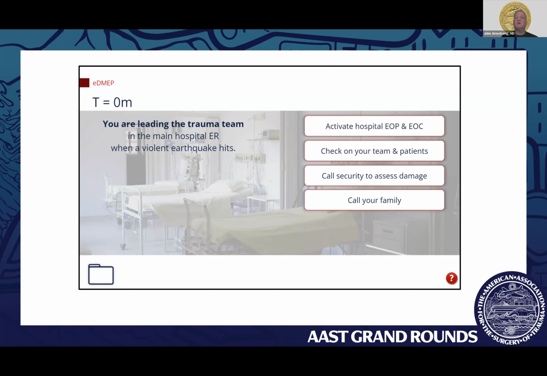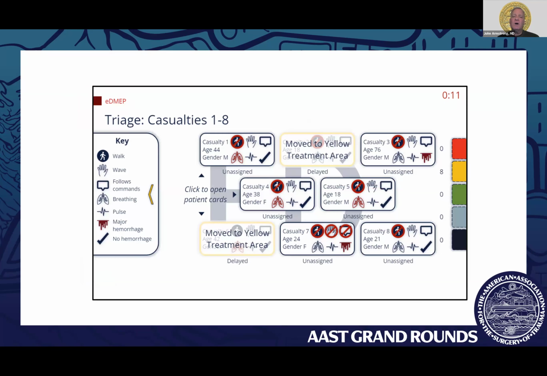When you click on each one of those boxes, you're taken through assorted actions and responses. You also do a triage exercise, which moves through multiple casualty waves. This is a very innovative approach to the complexities of mass casualty triage, the goal being greatest good for the greatest number.